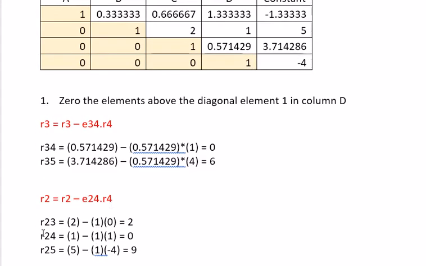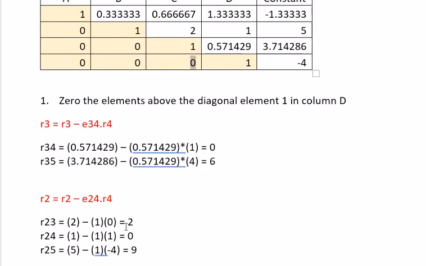So R23, the element in the second row, third column, is equal to 2 minus the element in row 2, column 4, that is 1, times the element in row 4 directly below 2, that is 0.